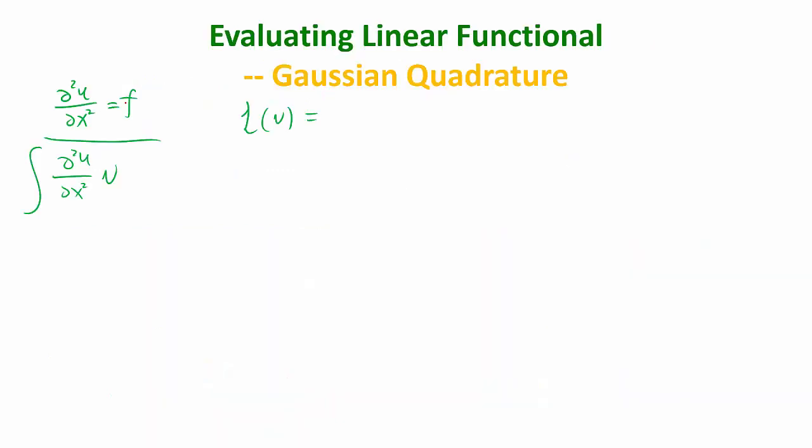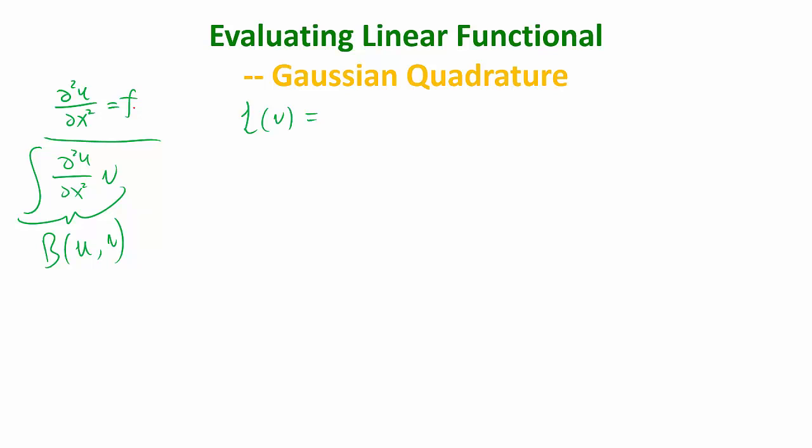In our Poisson's equation example, after you multiply the left hand side with the test function and integrate, that becomes which component? It becomes the bilinear functional, exactly. This is b of u and v, because this is bilinear with respect to both u and v. It involves both the solution and the test function. What about the right hand side?